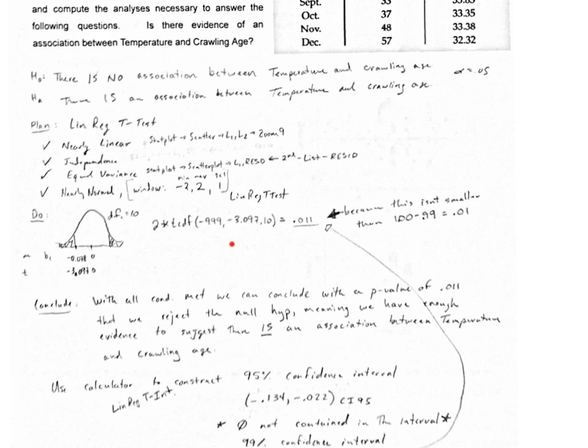So you almost have to do the do section first before you're able to do this, because the calculator needs to first figure out what these residuals are. And a residual, remember, is just how far off the scatter plot points are from the trend line. So a positive residual means that you're underestimating, a negative residual means that you're overestimating. And so, you need to run this test first.